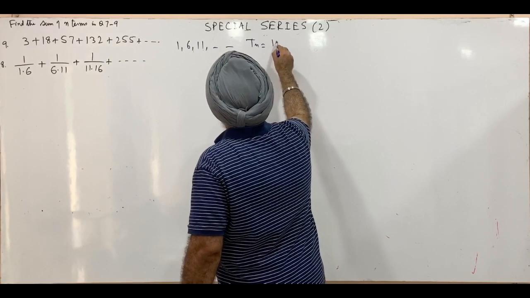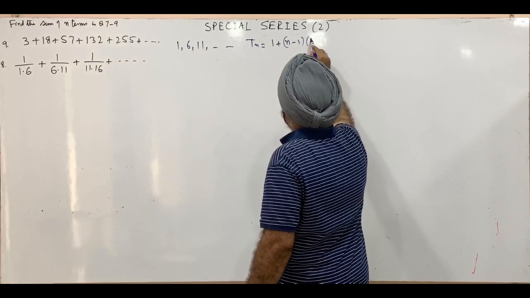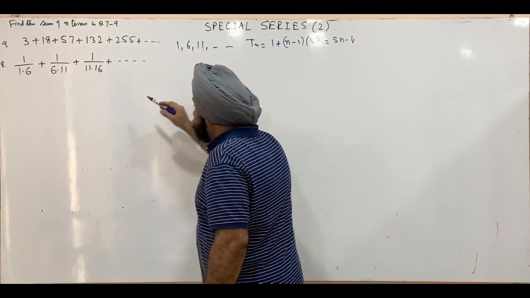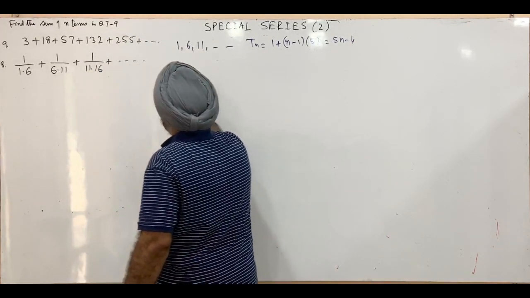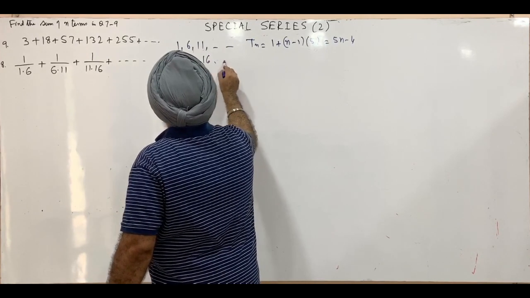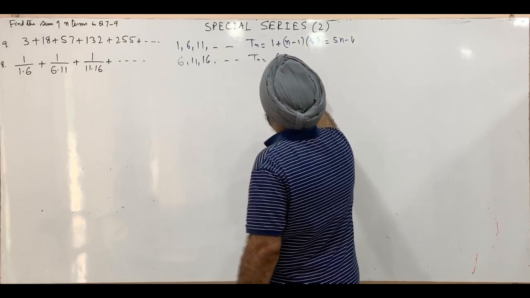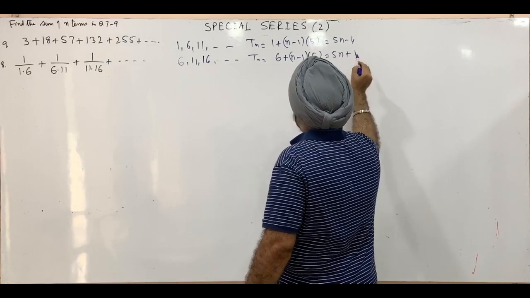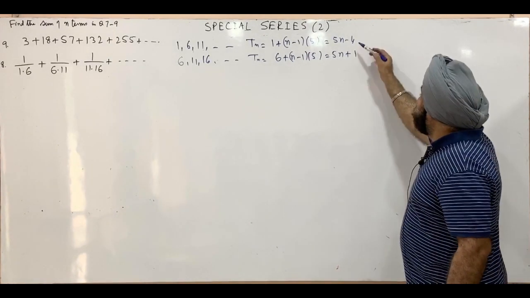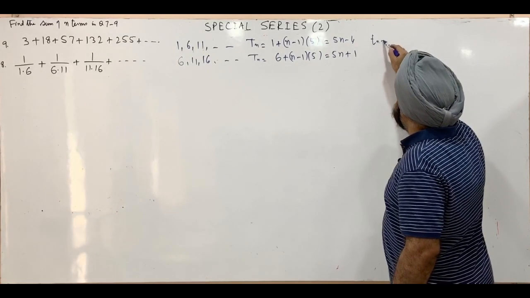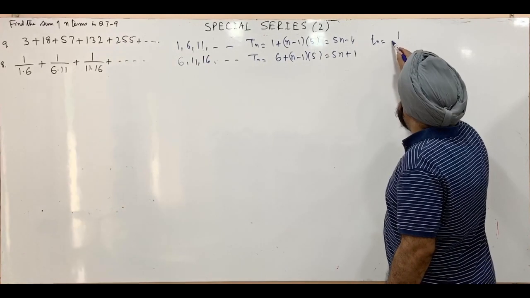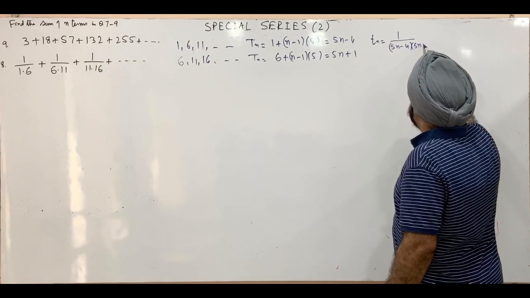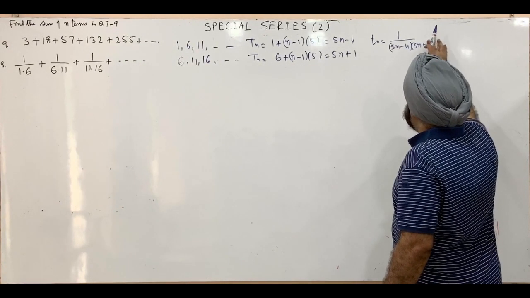The nth term is a plus (n minus 1) into common difference of 5. That's 5n minus 4. And the second terms are 6, 11, 16 and so on. The nth term of this will be 6 plus (n minus 1) common difference of 5. That's 5n plus 1. Using these two, we can write the nth term of the series as 1 by (5n minus 4) into (5n plus 1).